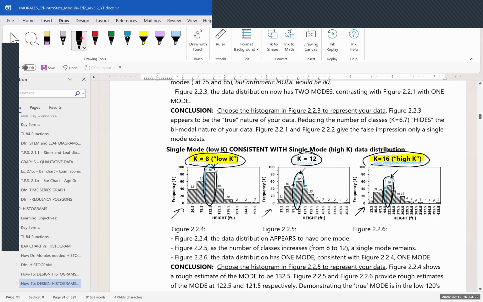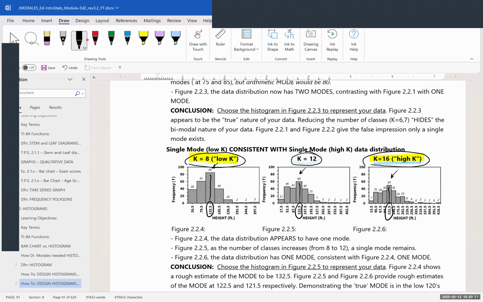However, the one thing that I'd want to point out that would influence which of these three you would want to choose is to look at the midpoint for the mode. Look at the midpoint for this class, the midpoint for this class. The midpoint of the class that has the highest number of frequencies is going to have your mode.